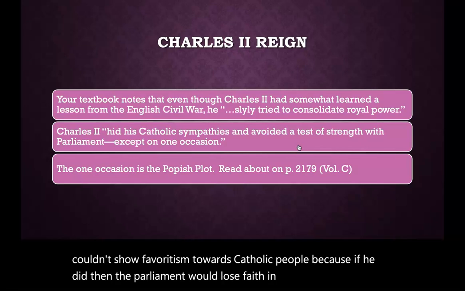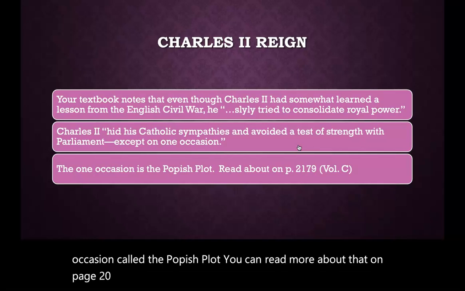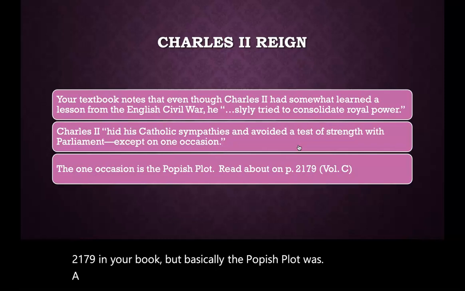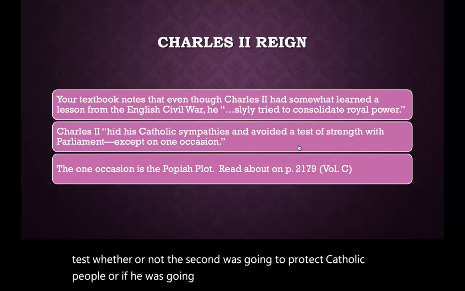Except for one occasion called the Popish Plot. You can read more about that on page 2179 in your book, but basically the Popish Plot was a rumor centered around Catholic ideas that got started to test whether Charles II was going to protect Catholic people or the Anglican Church.